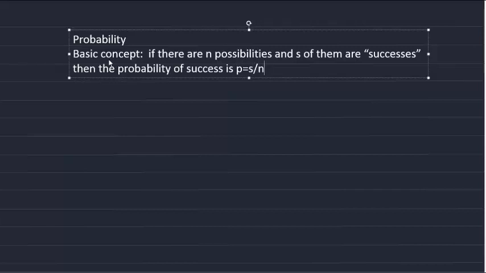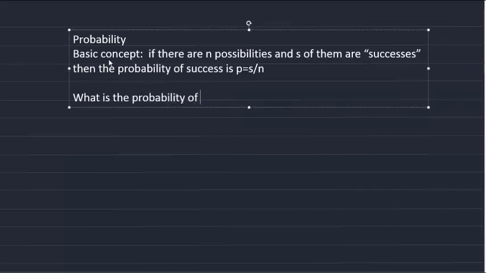Okay, the probability of success is just s divided by n. If we were to pick randomly from n possibilities, we would have an s over n chance of getting a success. So what is the probability of drawing 4 aces from a deck of cards?